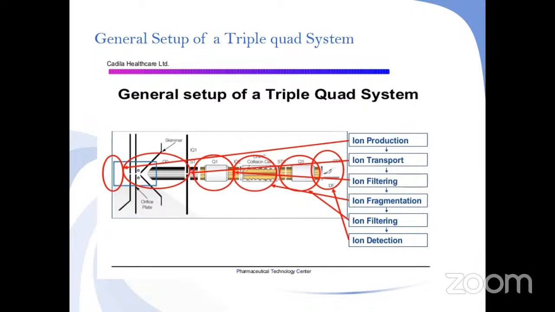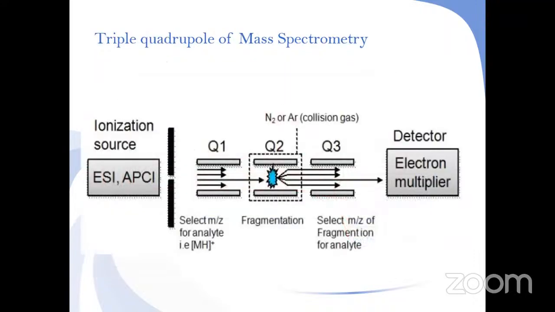As we saw in the previous slides, this next slide will explain the ionization source with four methods. It proceeds to the nebulizer and collision gas, which leads to Q1, Q2, Q3, the quadrupoles as mass analyzers, and finally it is detected by the different detectors, as we discussed in the earlier slides.